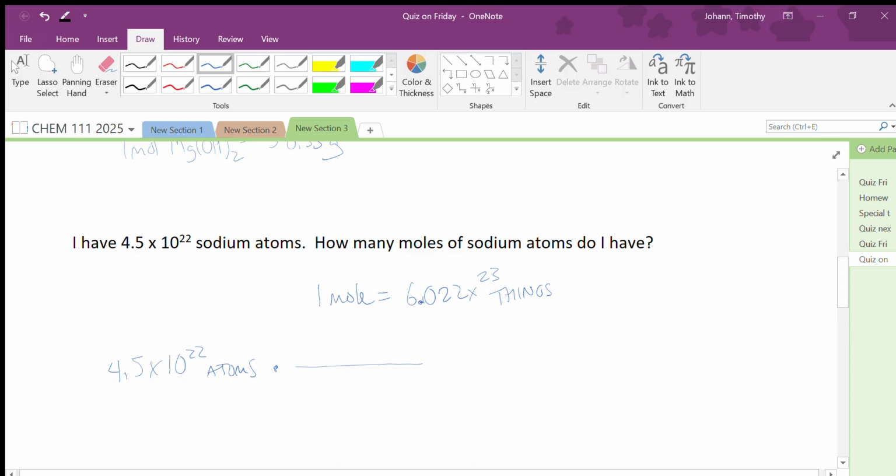What goes on top? What's things, by the way, in this problem? Atoms. Okay, so things becomes atoms. What goes on top? 6.022 or 1? 1. So 1 mole. I like to turn the equal sign on its side, is equal to 6.022 times 10 to the 23rd atoms. And then I'll get the number of moles out.